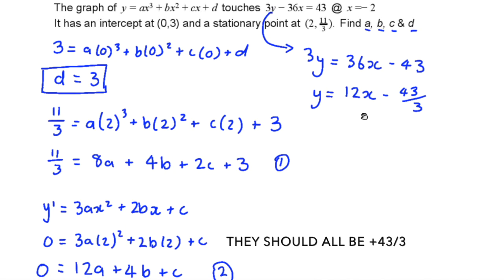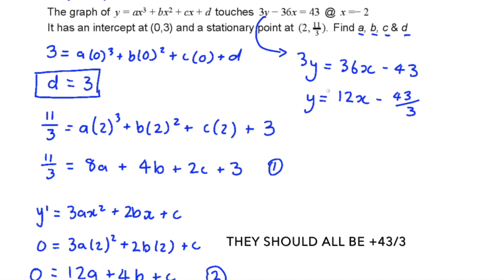Now we're going to set those two things equal to each other, because we know this line, which we've just rewritten, is equal to our original graph at the point x equals negative 2.